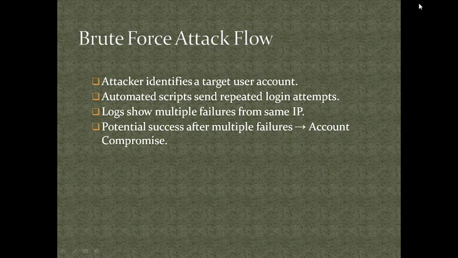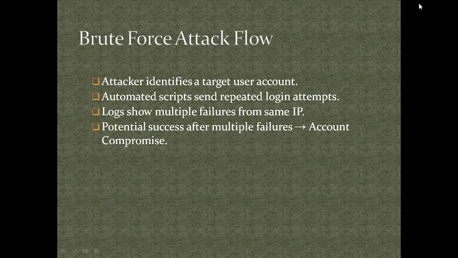Initially, when an attacker identifies an account to target, he tries to run an automated script to send repeated login attempts to that particular account with random passwords. All the random passwords will be based on some logic, whether dictionary based or hash based, but the attempts will be regular or repeated ones.